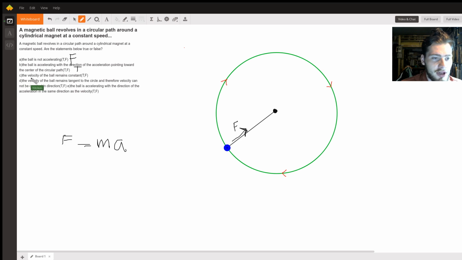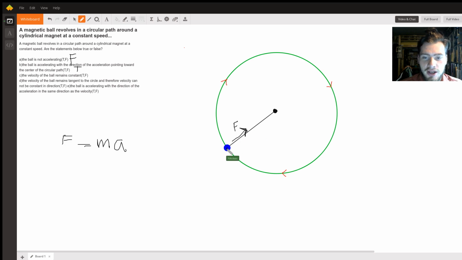C, the velocity of the ball remains constant. This one is a little bit tricky because it says the ball is revolving at constant speed. Well, if we have a force, we have an acceleration, therefore velocity cannot be constant. Why is that, you ask?